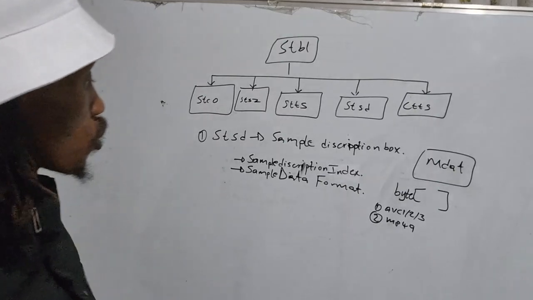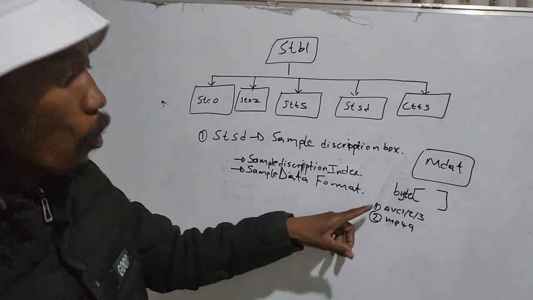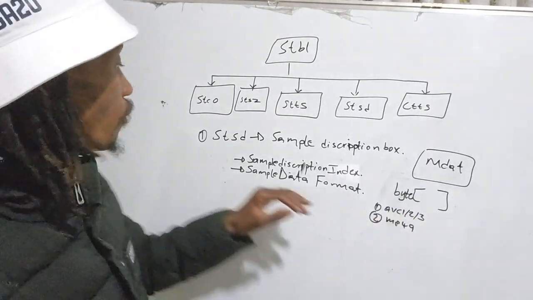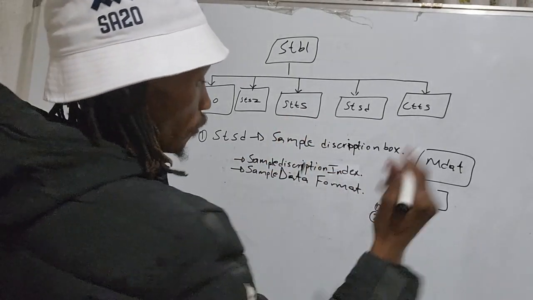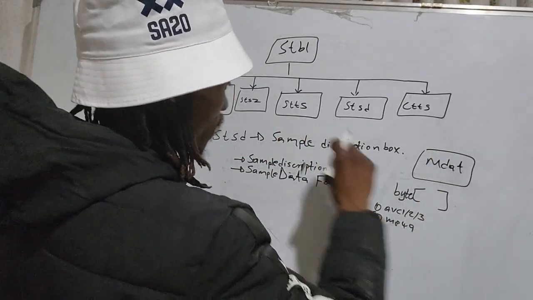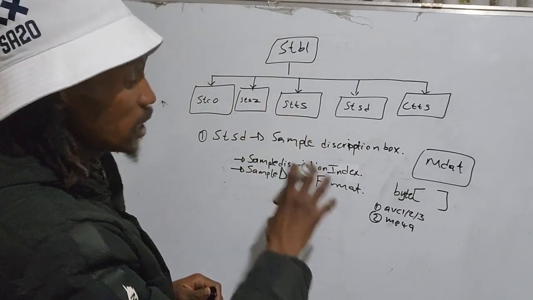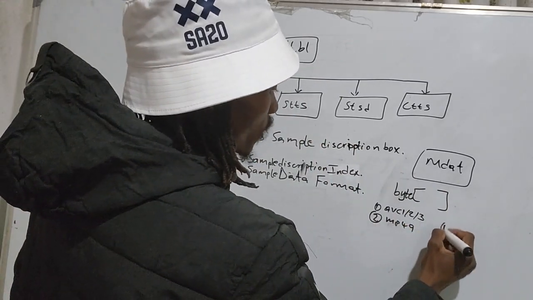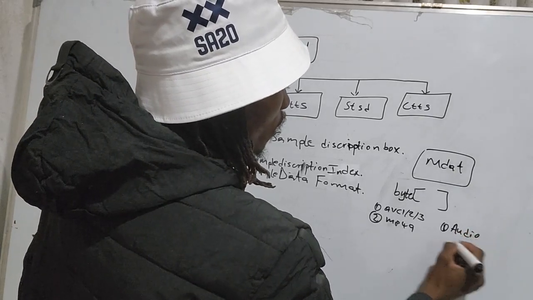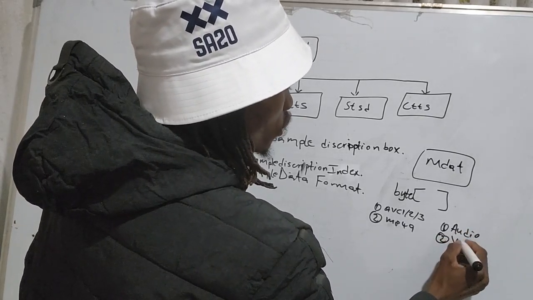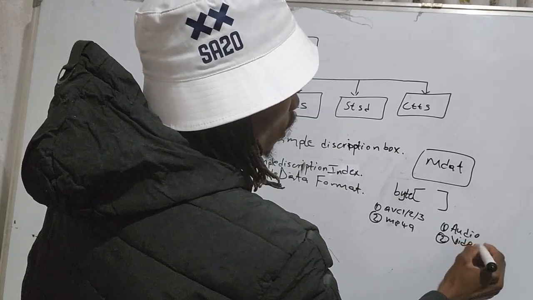So samples of the same codec will have the same sample description index. For example, let's say you have 2 tracks inside this MP4 file, you have an audio track, and then you have a video track.